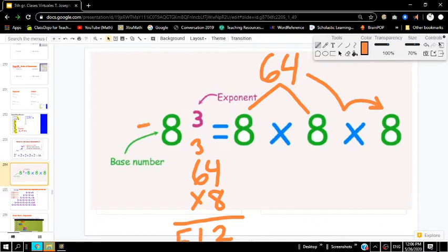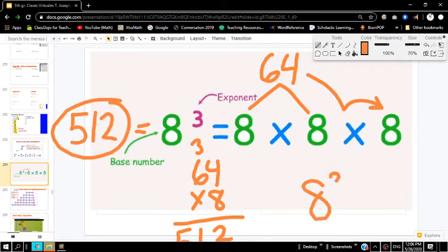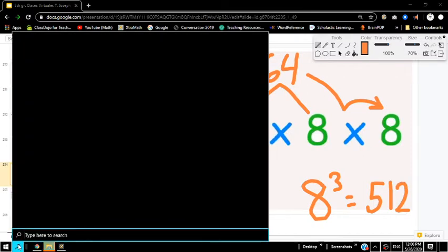So this right here is equal to 512. 8 to the third power, in other words 8 cubed, equals 512. If I wanted to check that on the calculator, I could do that.